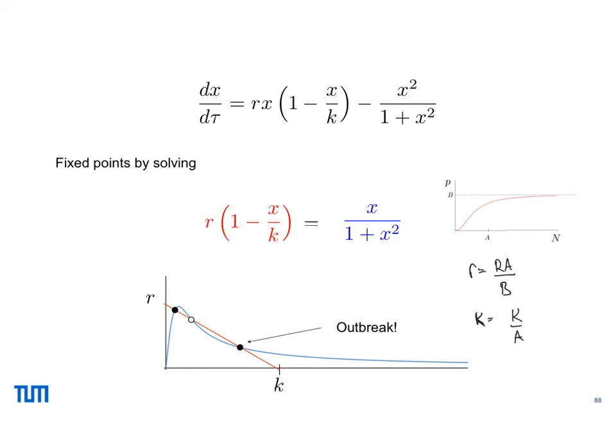But for some reason someone started shooting birds, let's do some sports, and then the population of these birds reduces a bit. Reducing the population means increasing r, and you can see that increasing this can already create an outbreak.